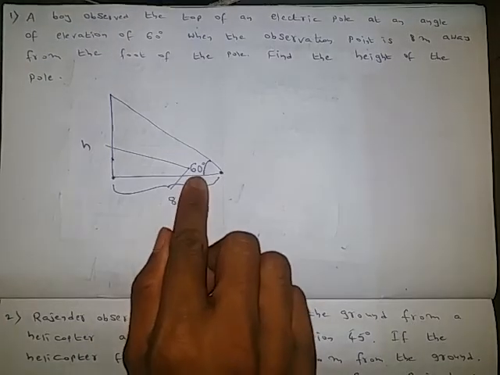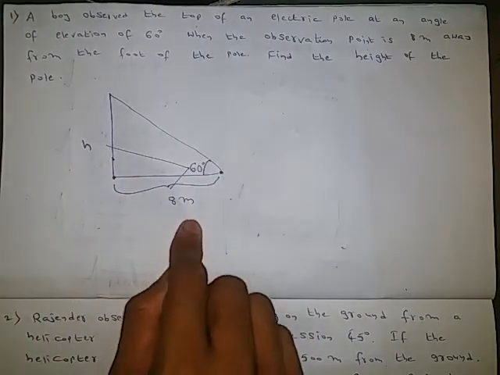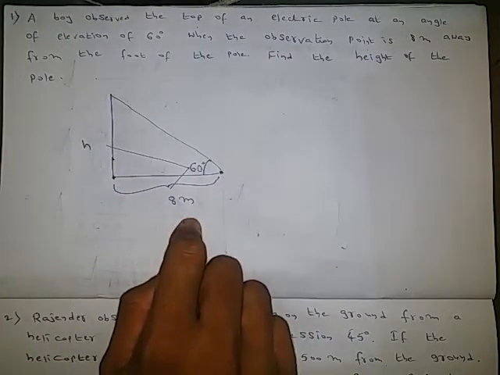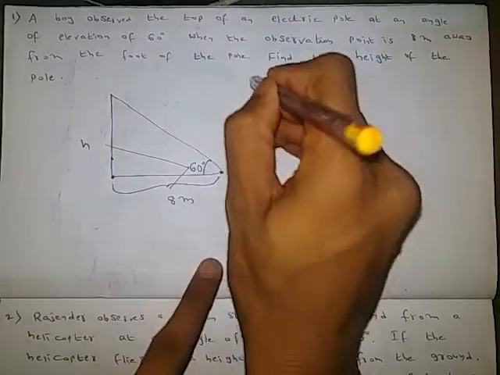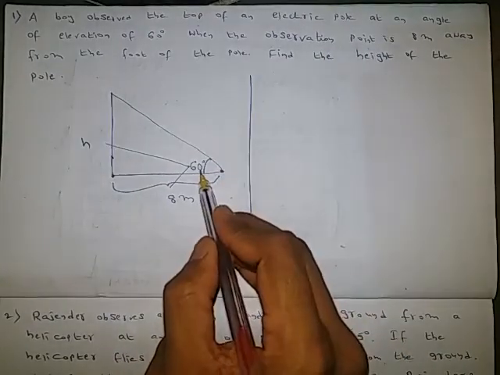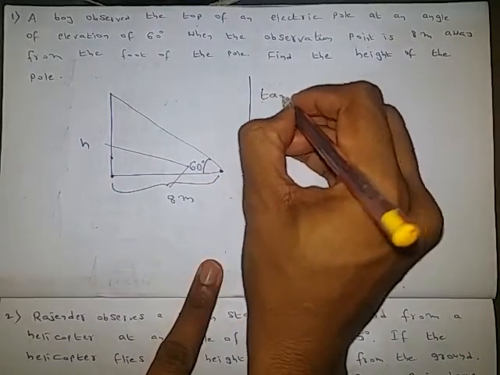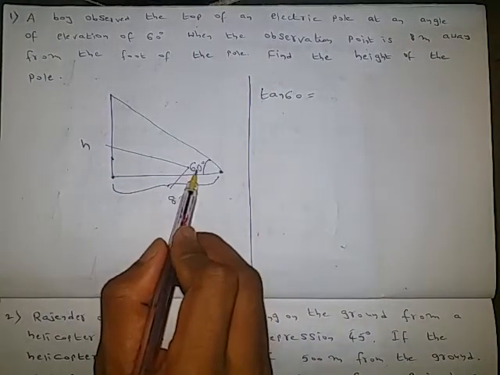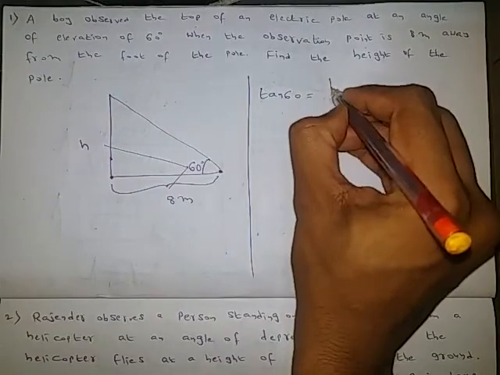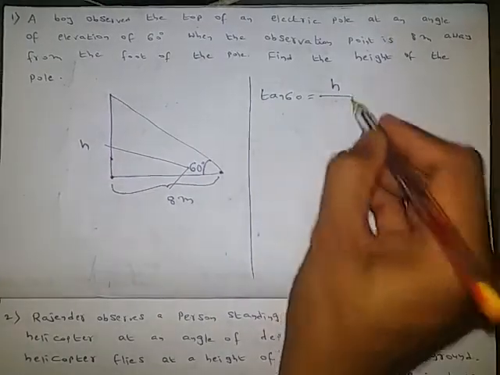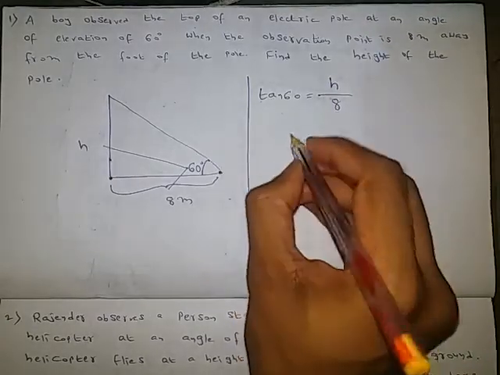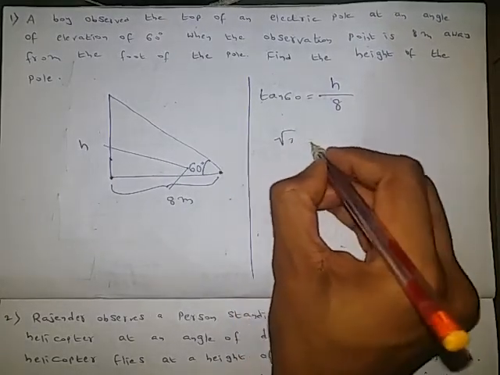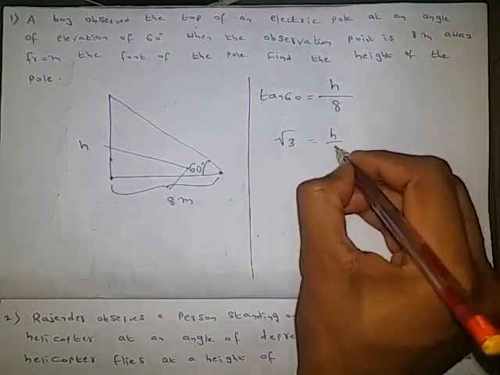So for this angle, this is opposite, this is adjacent, so that's why I'm applying tan. Otherwise you can apply cot also, it's your wish. Now I'm applying tan for this angle, so tan 60 is equal to opposite. For 60 degrees, opposite is the height of the pole, that is h, divided by adjacent. Adjacent is 8. Tan 60, root 3, is equal to h by 8.